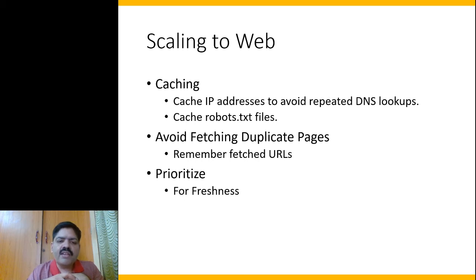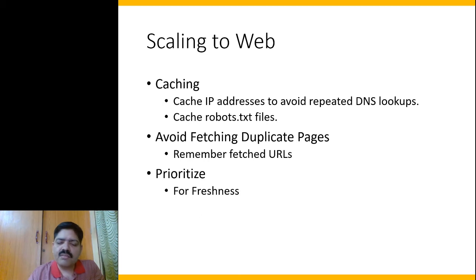We also want to cache the robots.txt files, at least for a specific time range, and maybe it's worth refreshing the robots.txt after, let's say, a few weeks or a few months. And we want to avoid fetching duplicate pages. Understanding duplicate pages and near duplicate pages is a challenge.